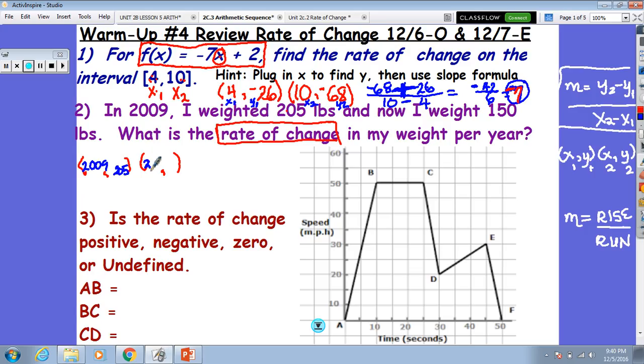This year is 2016. And notice I said "and now," so now would have to be the current year. I weigh 150 pounds. Okay? So those are my 2 points. I have 2009 and 205, 2016 and 150 as my 2 points. Now I can set up my formula.